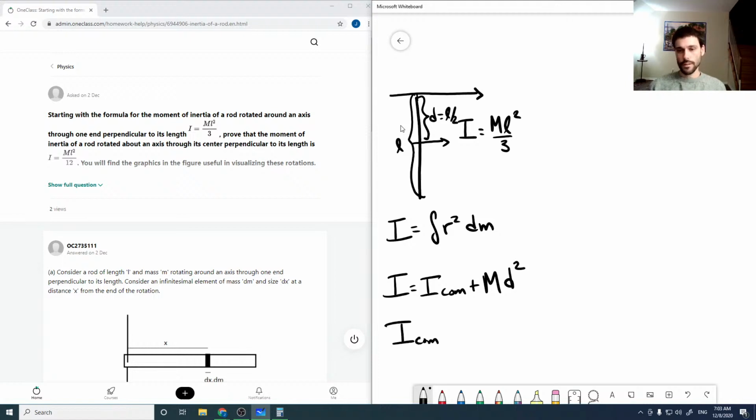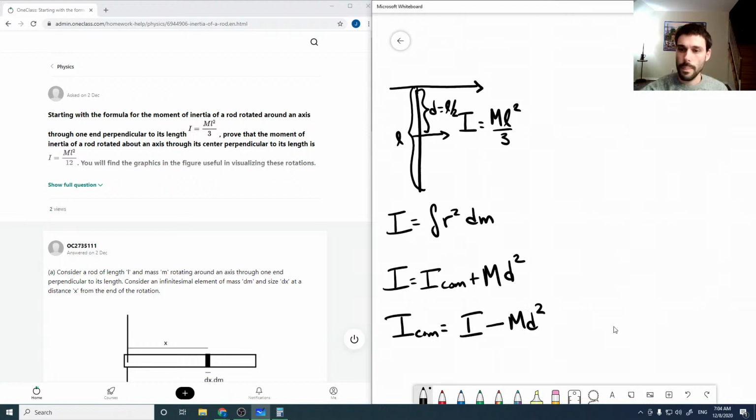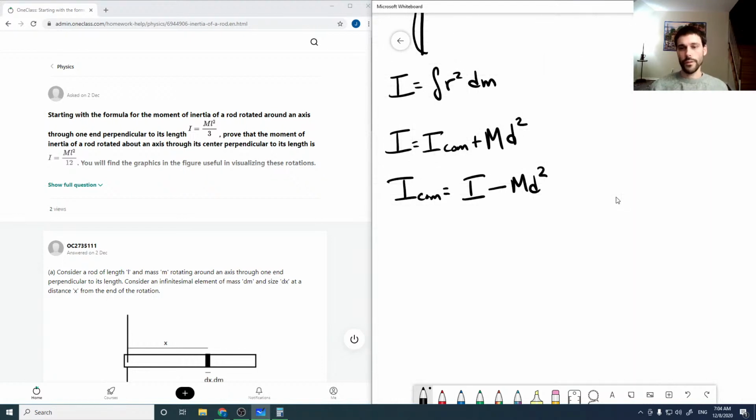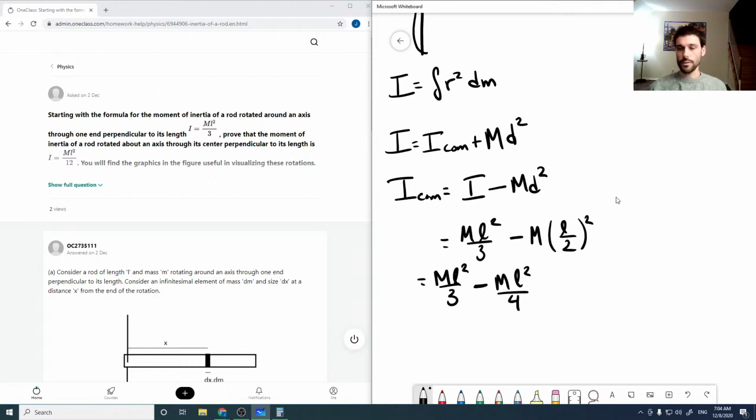So our center of mass inertia would then be the I we're given minus md squared. The moment of inertia we're given is ml squared over 3 minus m times L over 2 squared, which is ml squared over 3 minus ml squared over 4, just expanding the square.